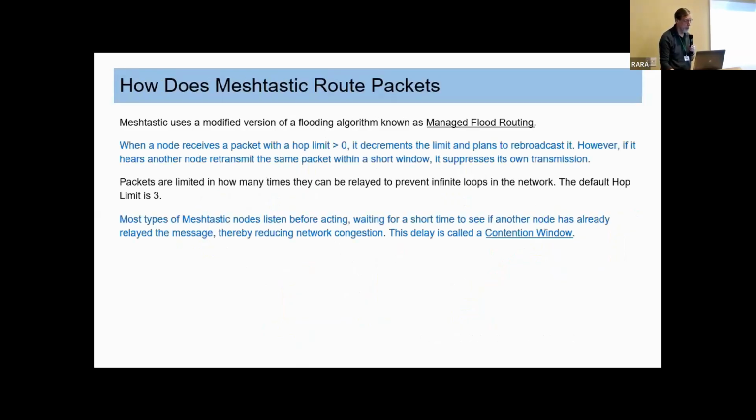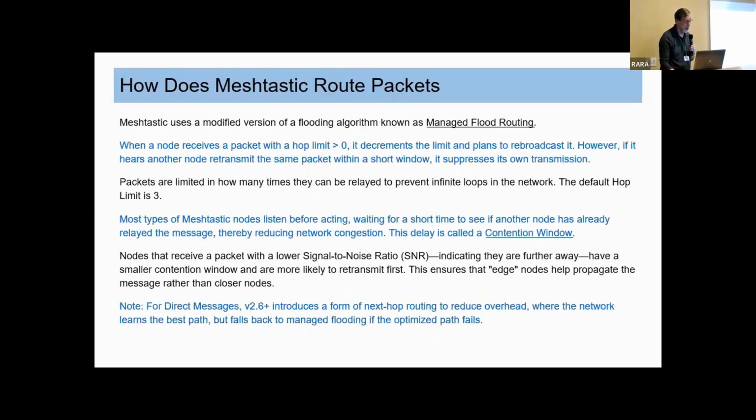So I'm just going to show all of this because I'm not going to read this slide, but this gets into kind of the weeds of how the routing works. But there's a couple points in there that are very important. We already talked about it's using a managed flooding algorithm to get the messages out. And we talked about how nodes, when they receive a message, decrement the hop limit, and if it's not 0, they'll send it out again.